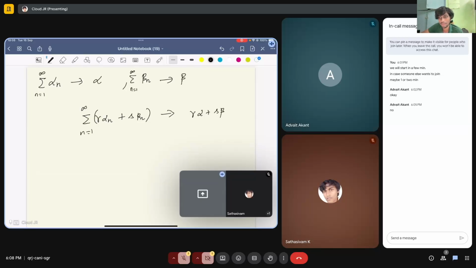So this kind of algebra of limits that we did for sequences also holds for series.